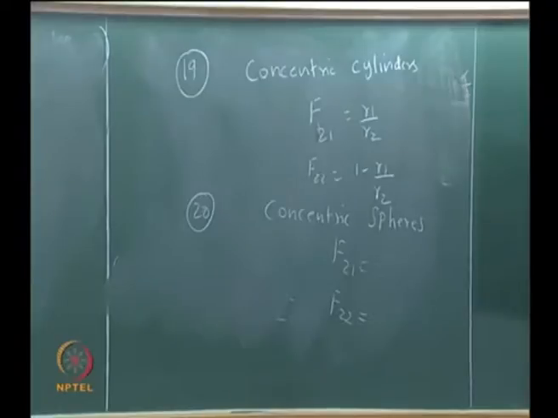A1 by A2 remains R squared, very good. F21 is R1 squared by R2 squared.